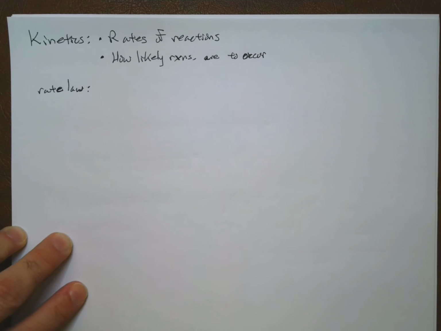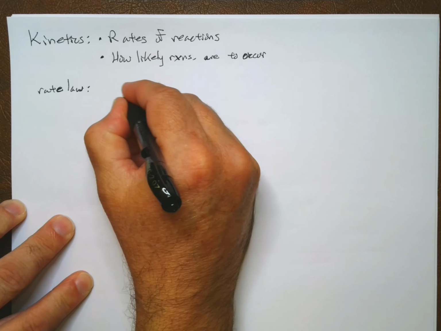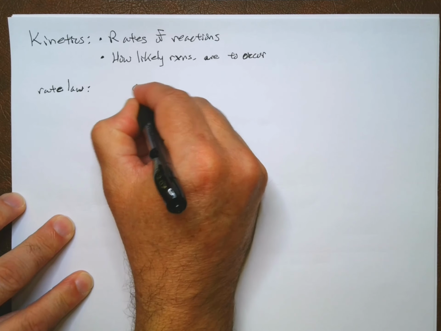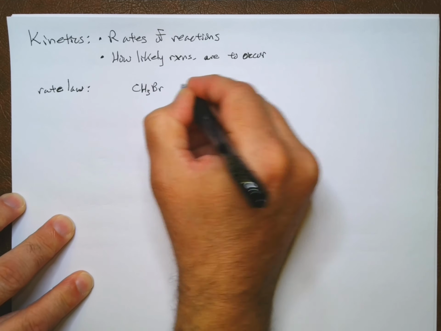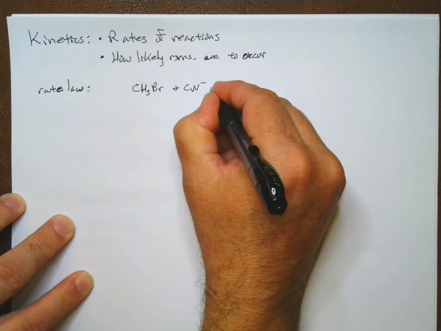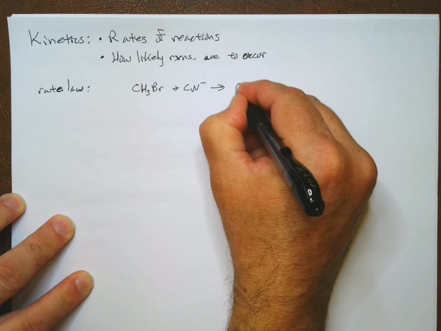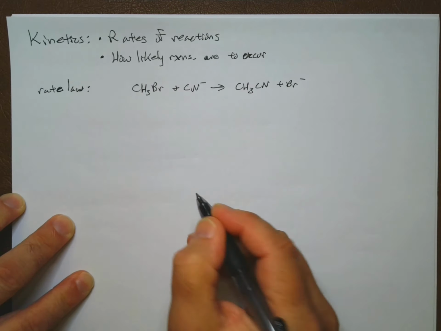And so let's say we had the following. Let's say we had CH3Br plus CN minus, and that goes to CH3CN plus Br minus.